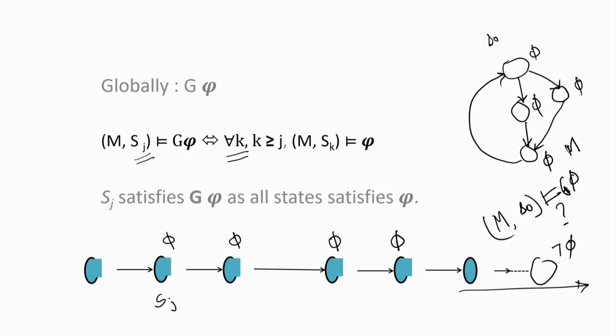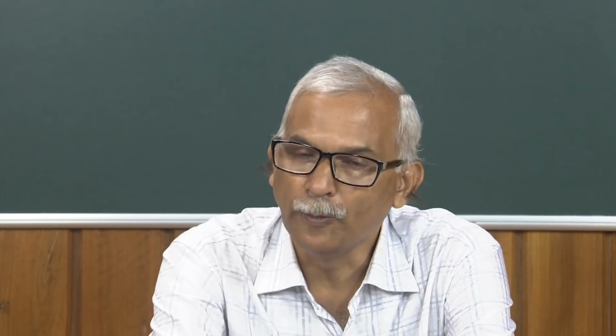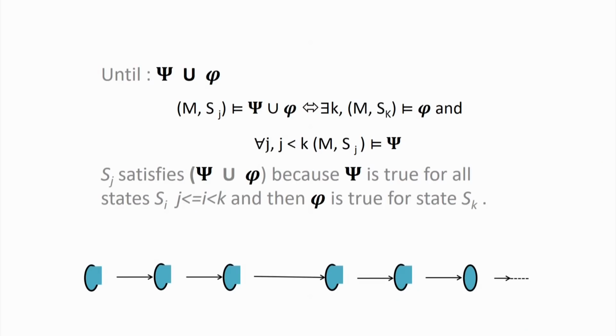So, in all possible states, if phi is true, then we say that globally phi is true, and it is true for all the states. The last operator is until, psi until phi. What is the notion?